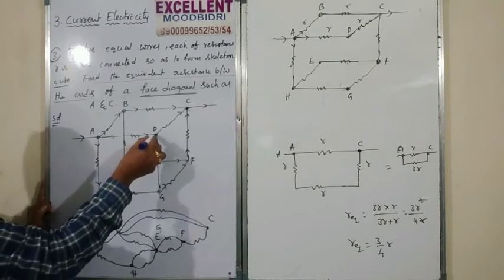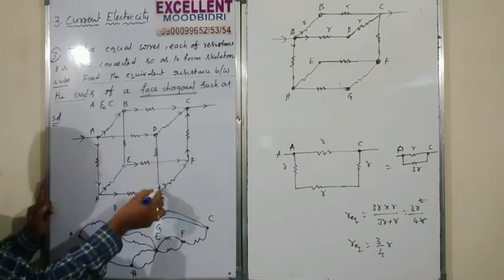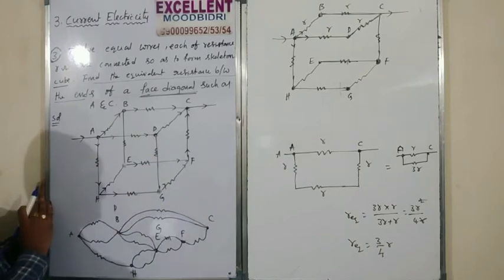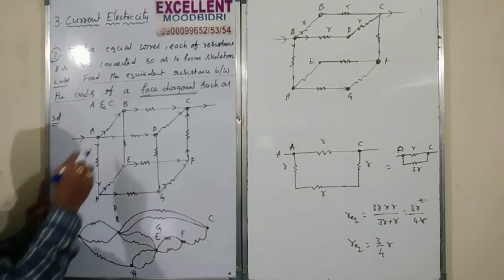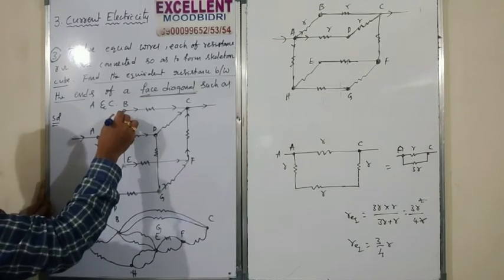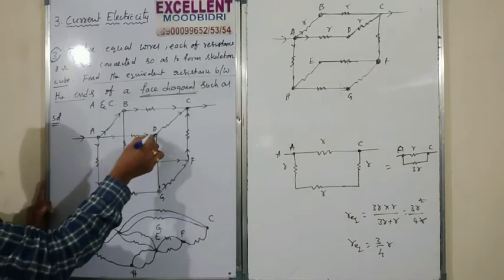So again the current cannot select this path. According to the Wheatstone bridge, as we will also explain, the current cannot flow in this direction and in this direction.